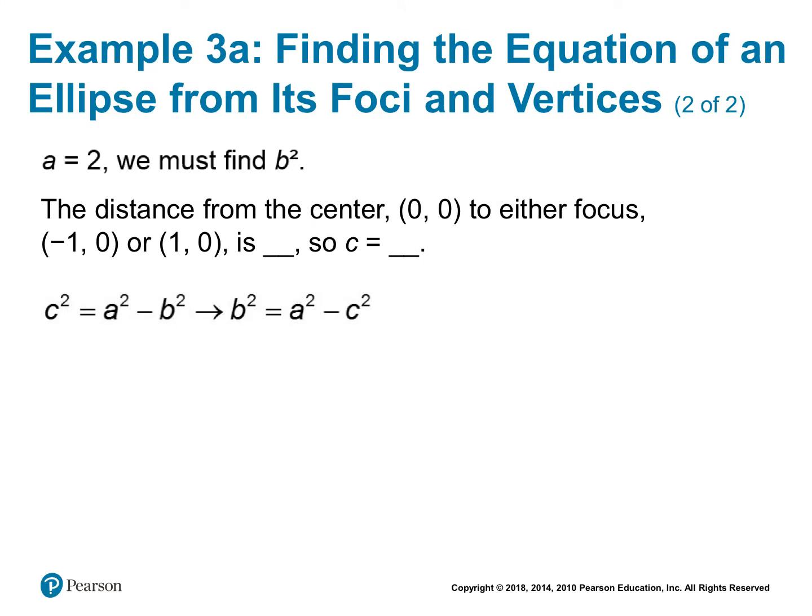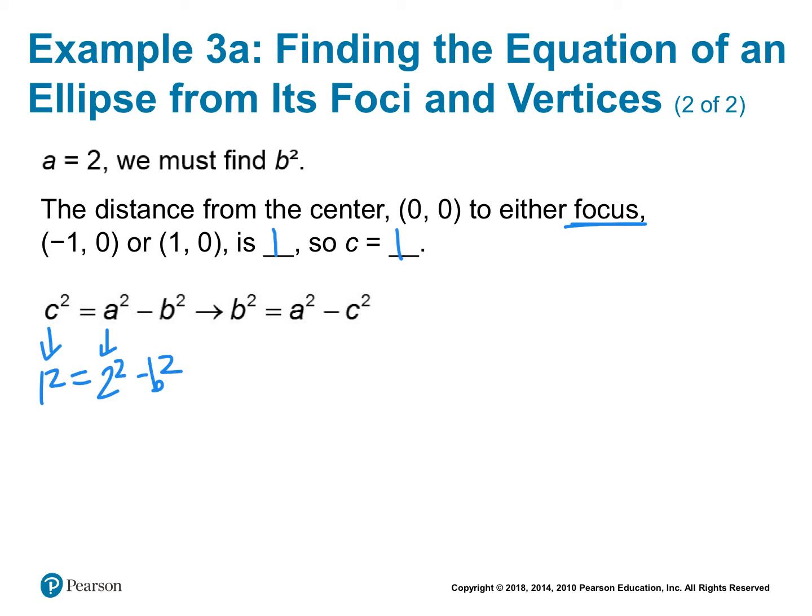Okay, so now that we know a is 2, we're going to find the b squared. And we can do that by knowing the c squared. So we know the foci had a distance from the center of 1 and -1. So c is 1. So we know this is going to be 1 squared. a was 2.